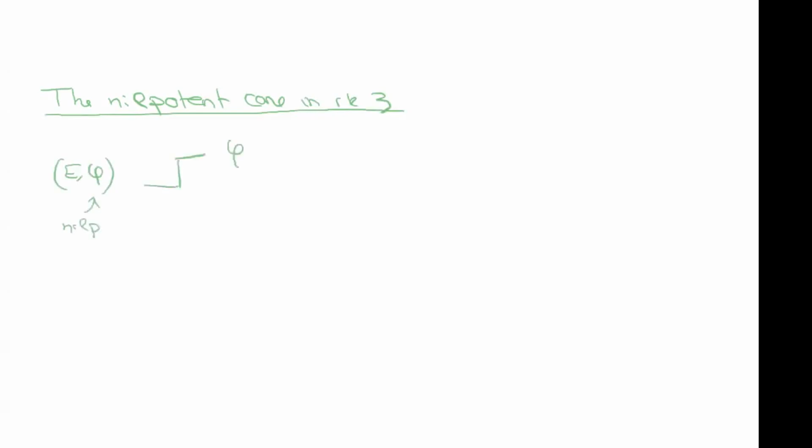Either phi is 0, and we're in the moduli space, we're happy, we know about it. It could be that phi squared equals 0, and then we would be talking about components of the nilpotent cone of type 2-1.